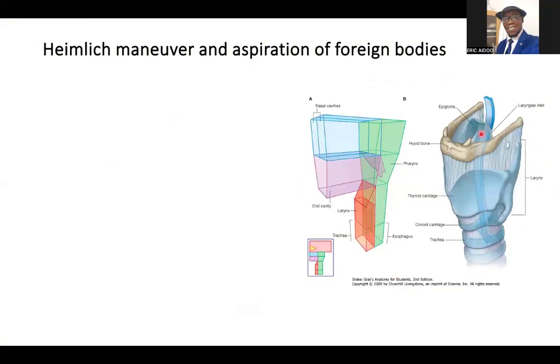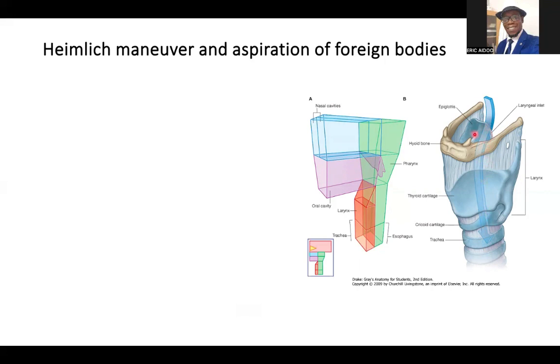The arrow is indicating where the usual airway is, through the larynx then into the trachea. And that is the epiglottis that usually covers the laryngeal inlet. But sometimes we talk and eat at the same time, so the epiglottis will be elevated, and then accidentally substances or objects can fall within the trachea.